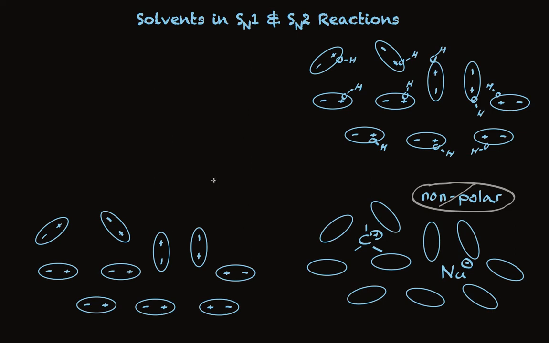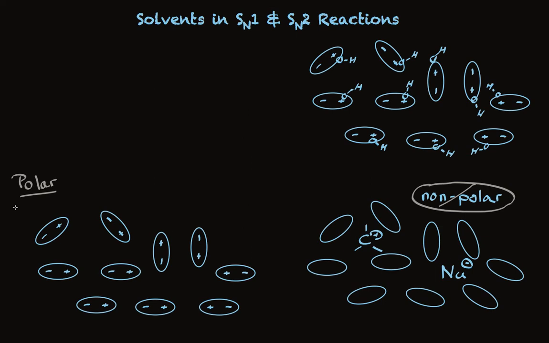Now let's take a look at the same kind of thing if we're talking about polar solvents. And I've represented these polar solvents by a bunch of ovals with pluses and minuses. Polar solvents typically will be able to dissolve ions to a significant extent and polar compounds to a significant extent. So they're strong candidates for being used in SN1 and SN2 reactions.